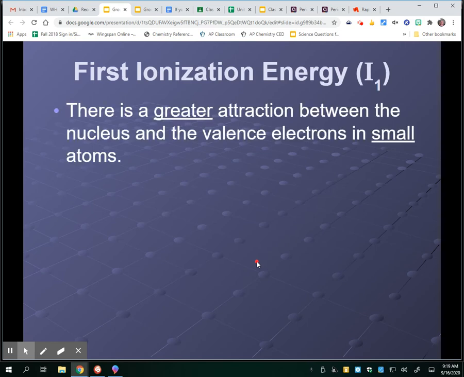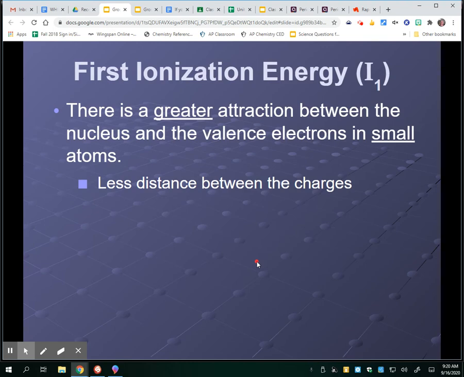All right, so with first ionization energy, there is a greater attraction between the nucleus and the valence electrons in small atoms. Because those electrons are more attracted, they are going to be more difficult to remove, so your ionization energy would increase.